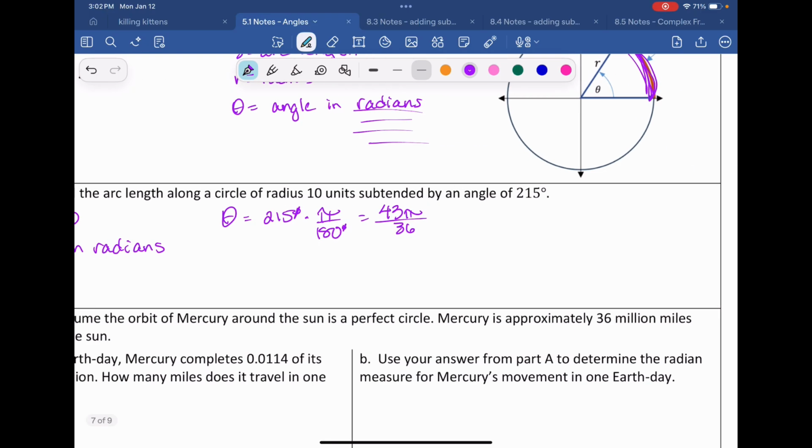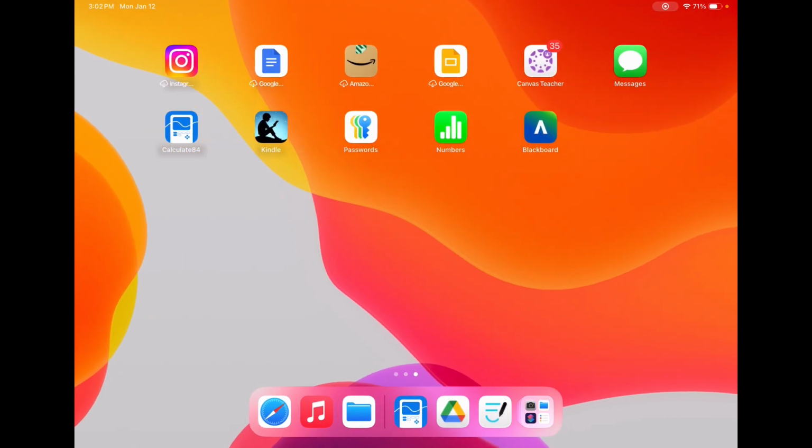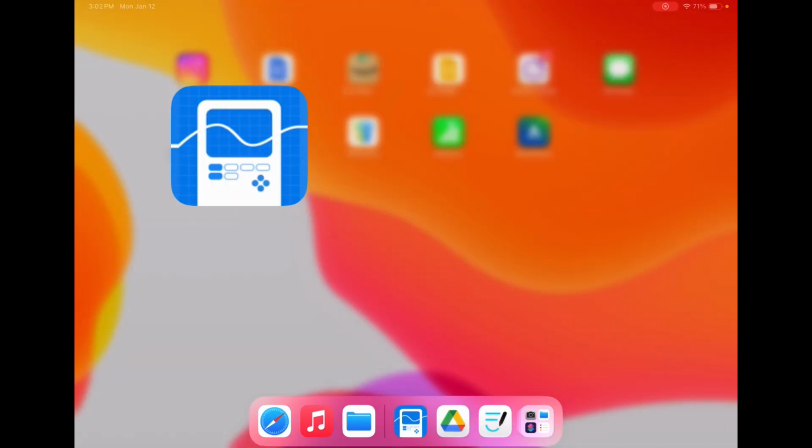All right, so my arc length equals the radius, 10, times theta in radians. So I'm going to take that 43 over 36, and I multiply it by 10, change it to a fraction, math 1, 215 over 18.